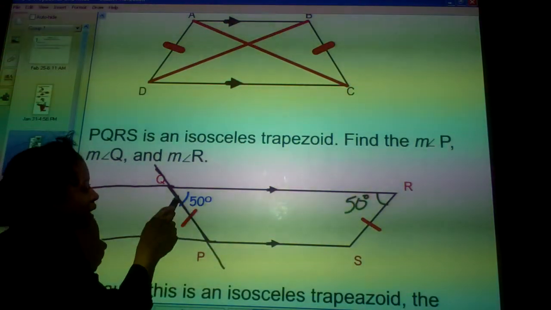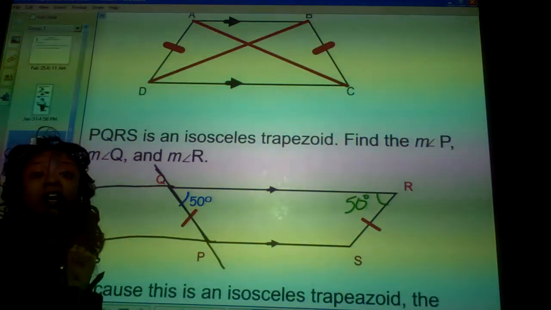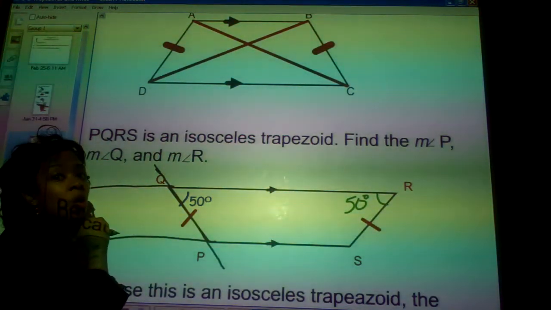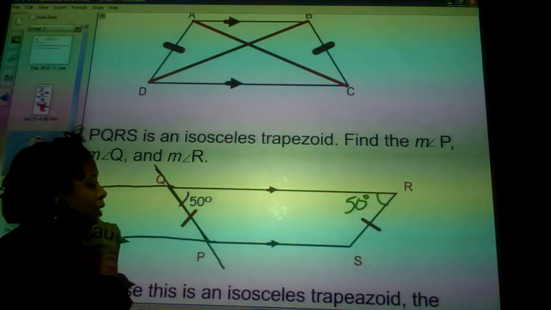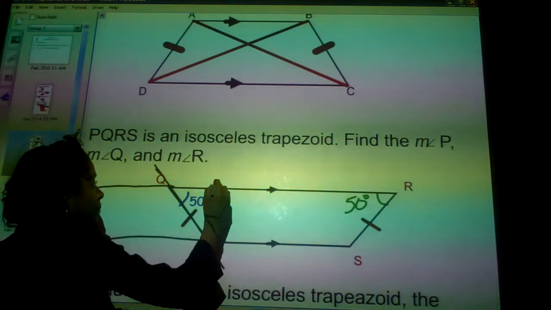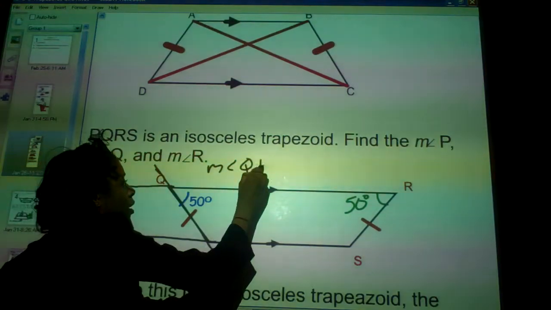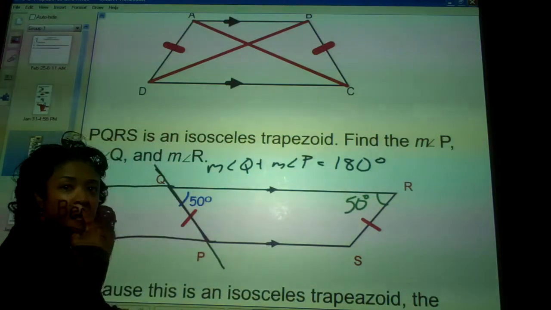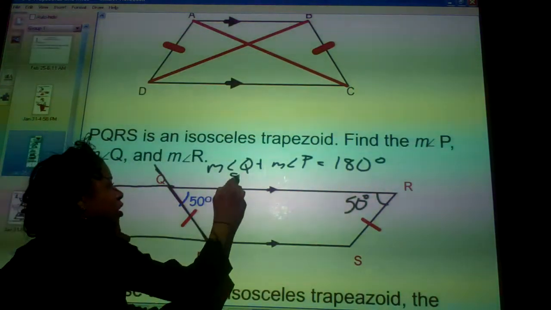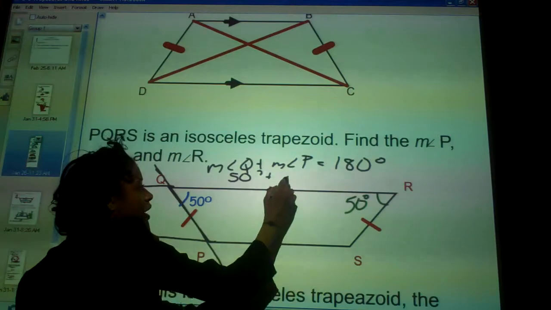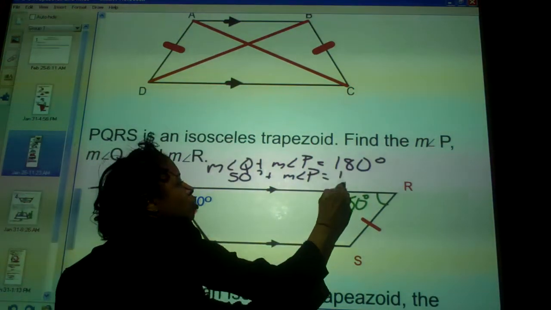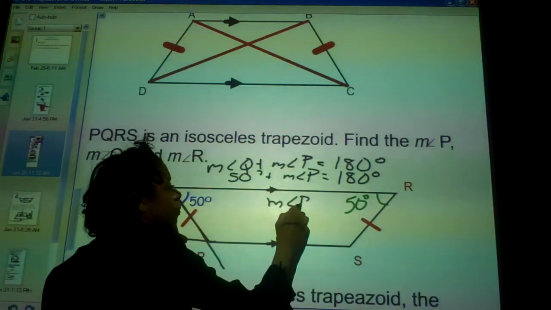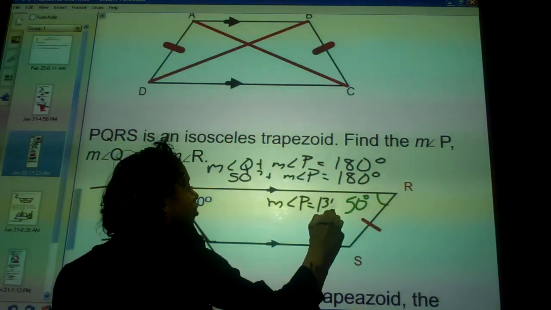That means automatically that angle Q and angle P are consecutive. And we know that consecutive angles on parallel lines are supplementary. So the measure of angle Q plus the measure of angle P must equal 180 degrees. I know that the measure of angle Q is 50 degrees plus the measure of angle P, we don't know, is equal to 180 degrees. Subtract 50 on both sides. The measure of angle P is equal to 130 degrees.